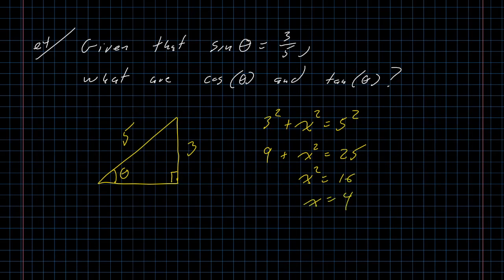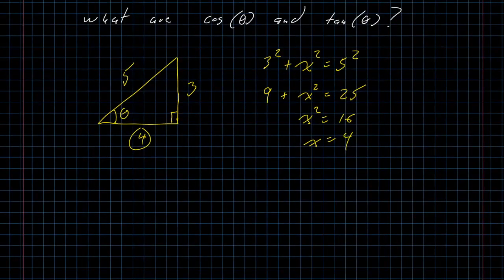We can get that the third side of this triangle is 4. Now that I have the third side of the triangle, I have all the information I need to figure out cosine of theta and tangent of theta.